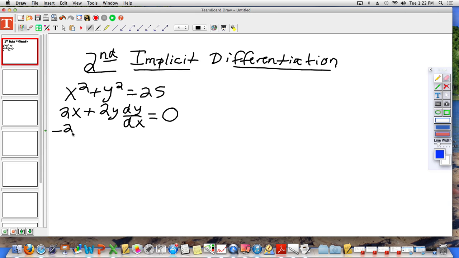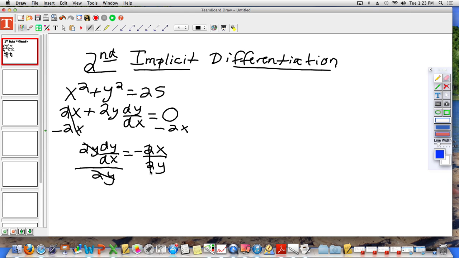So I'm going to subtract 2x from each side, leaving me with 2y dy dx is equal to negative 2x. I know I'm going through this quickly, but I feel like you should be able to handle this. Divide both sides by 2y. The 2's cancel out. It leaves you with dy dx is equal to negative x over y. Are you okay with that? That is the first derivative.